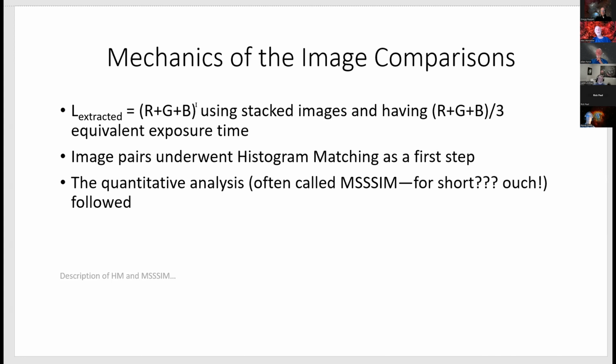I did this with stacked images. And this has an equivalent exposure time of (R plus G plus B) over 3. So if you had 20 minutes of R and 20 minutes of G and 20 minutes of B, then you'd have an average of 20 minutes of total exposure time. In comparison to an L, it would be matched by 20 minutes of L.